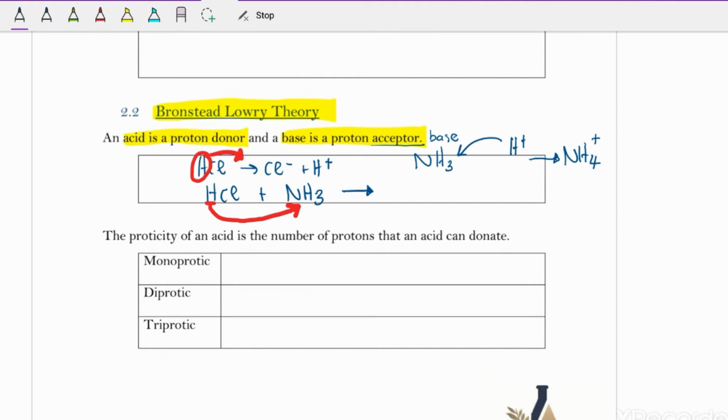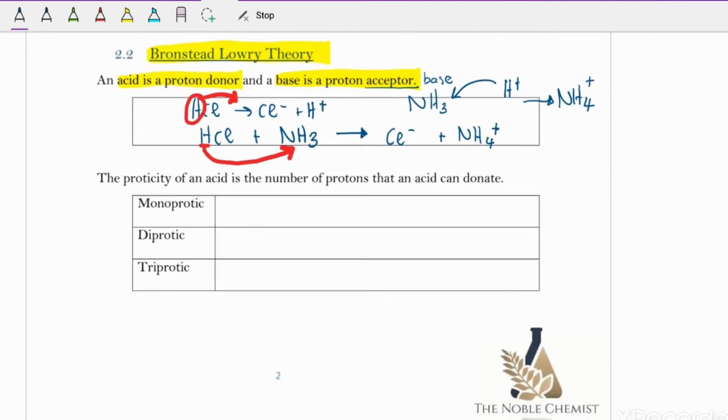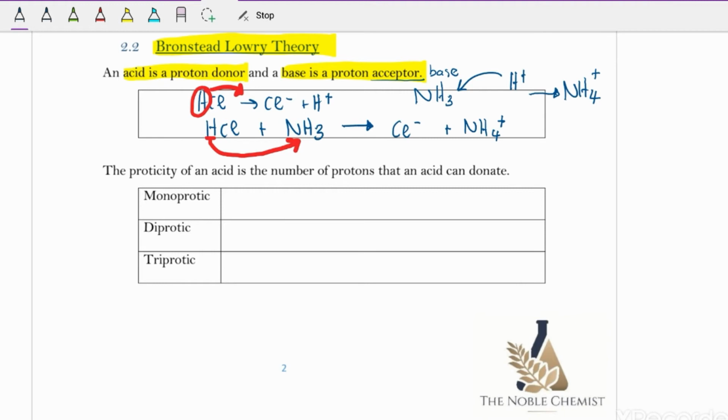Essentially you will have a chloride ion remaining, and ammonium. So this is what happened. The proton was donated, so that is an acid, and here the proton is being accepted, so that is your base.